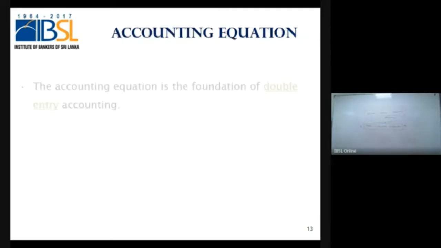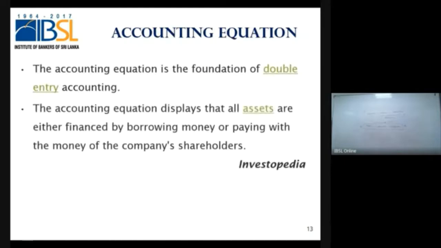Right. Okay. So now we come to the fundamental of accounting, which is known as the accounting equation. So what I introduced a short while ago on the board is known as the accounting equation. That is going to be the foundation of double entry accounting.